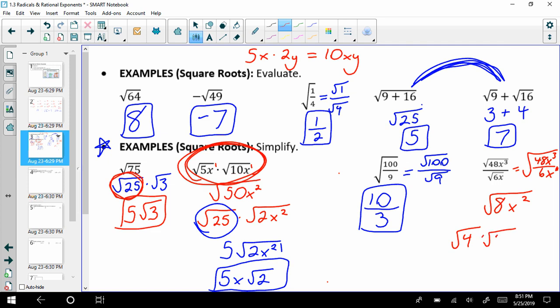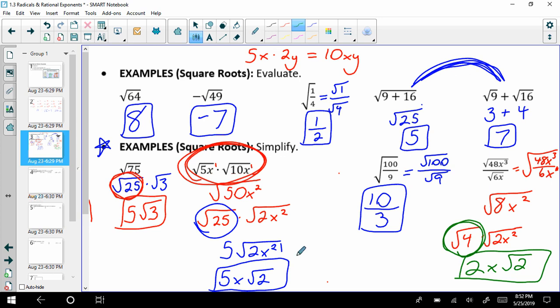And then the 2 and the x squared are left. 4 times 2 is 8. So then I'm going to focus on the one that is the perfect square, and that becomes 2. And the square root of x squared can be x. And then we still have the other 2 left over. So it would be 2x square root 2.